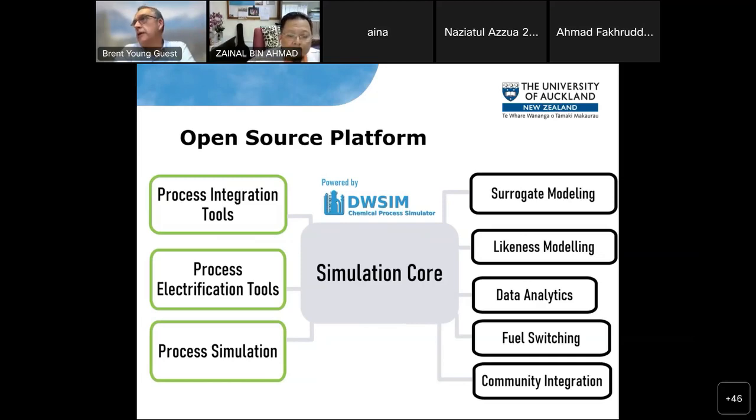So we've got to develop digital twins that can do the likes of surrogate modelling, think about the likeness of the system, include data analytics, and think about how we might switch resources in our process plants, such as different fuels and different energy sources, and not forgetting how it actually integrates with the entire community, particularly if we're looking at decarbonisation type applications.